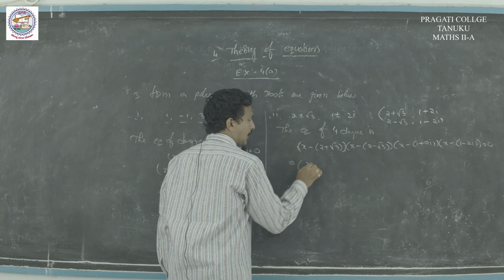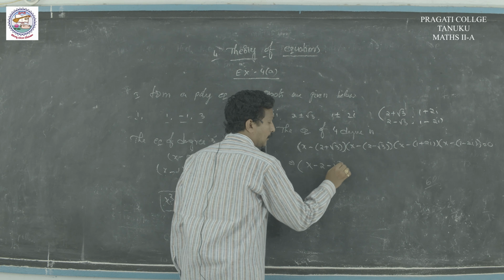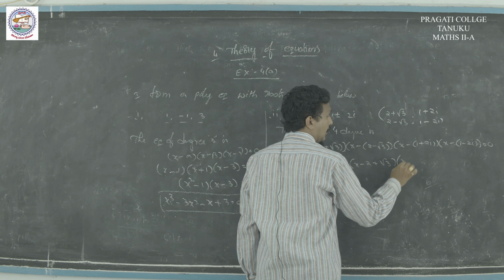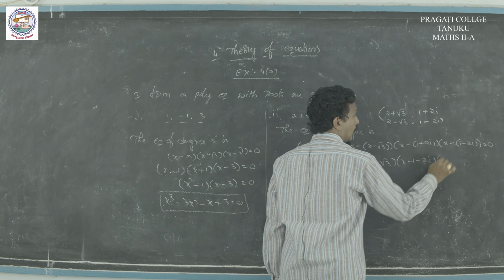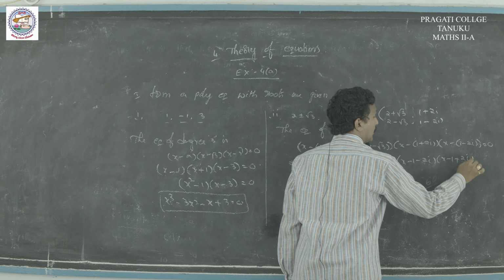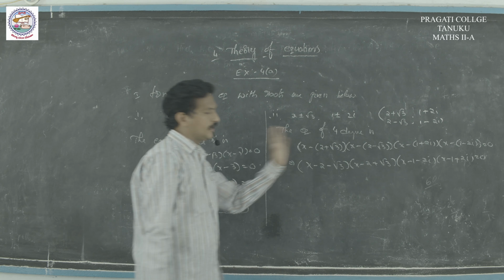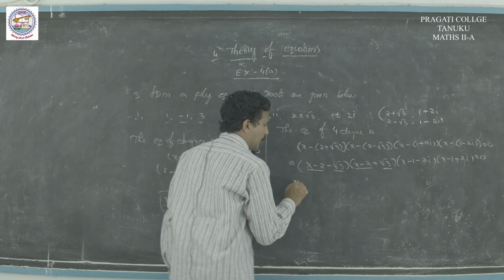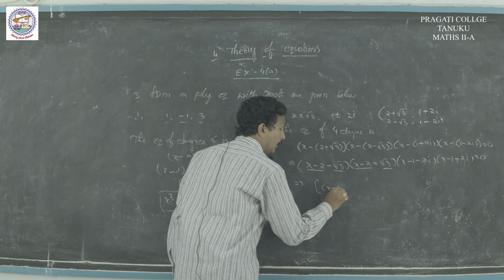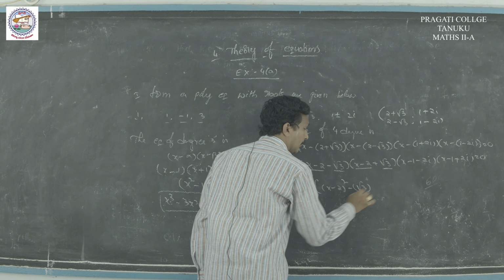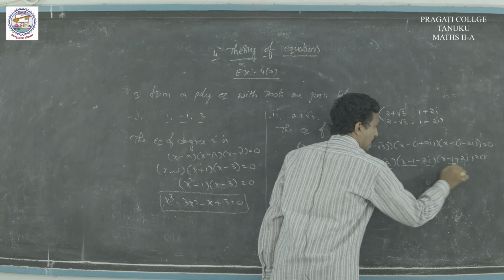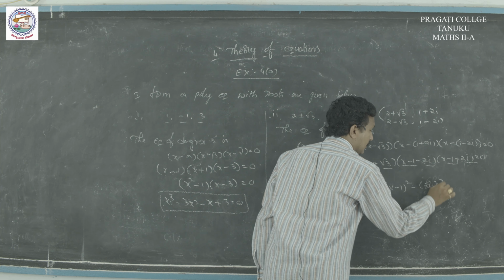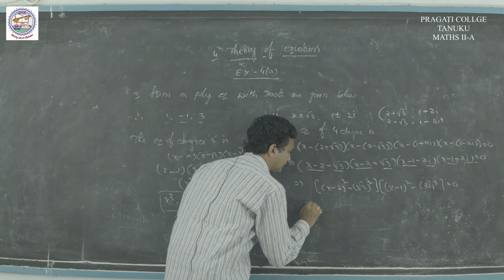Here x minus 2 minus root 3 into x minus 2 plus root 3, and x minus 1 minus 2i, x minus 1 plus 2i is equal to 0, multiplying with the minus signs in the terms. So here it is of the form a minus b into a plus b, a square minus b square, and the remaining two terms are also of the form a minus b into a plus b, a square minus b square, equal to 0.